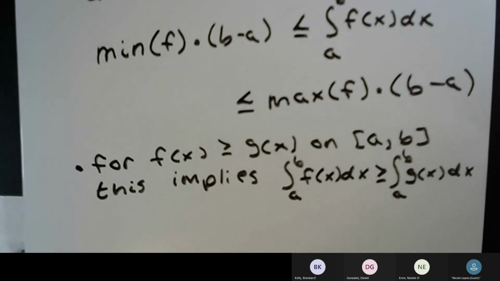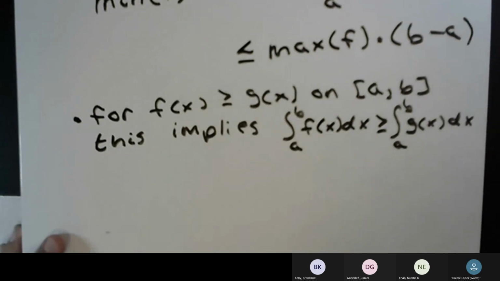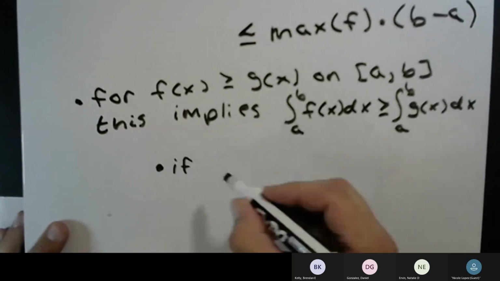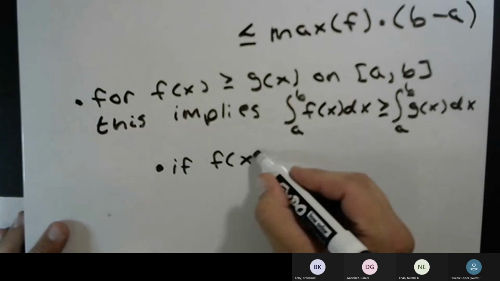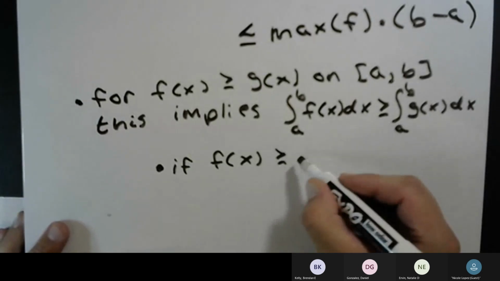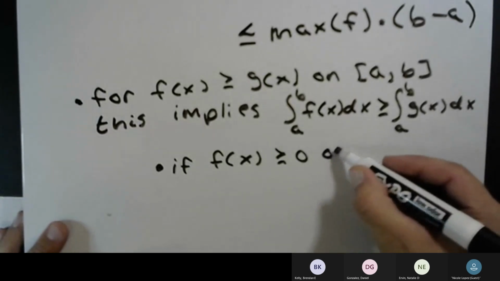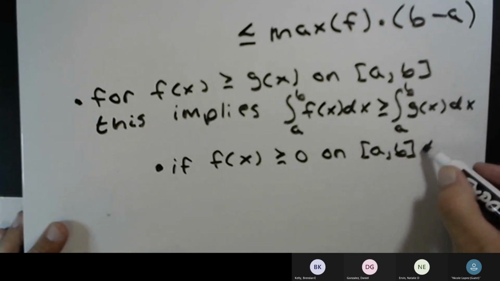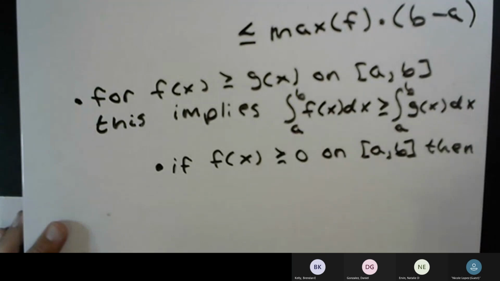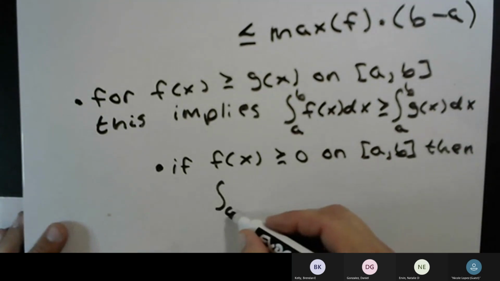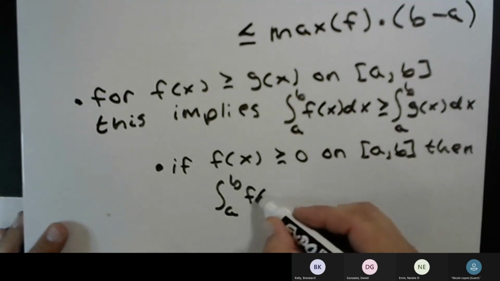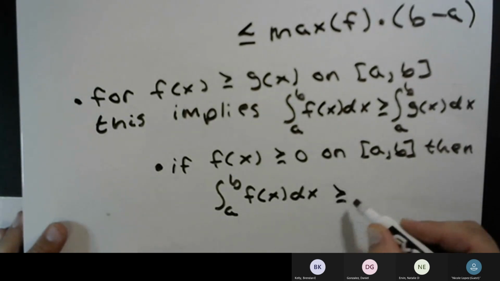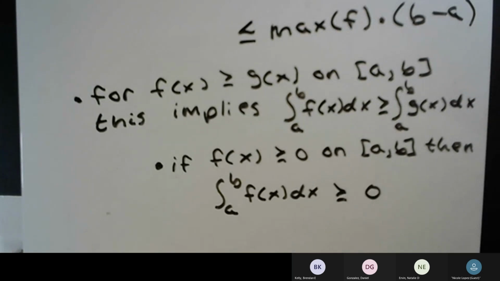And there's a property similar to this. If f of x is greater than or equal to 0 on [a, b], then the integral from a to b of f of x dx is greater than or equal to 0.